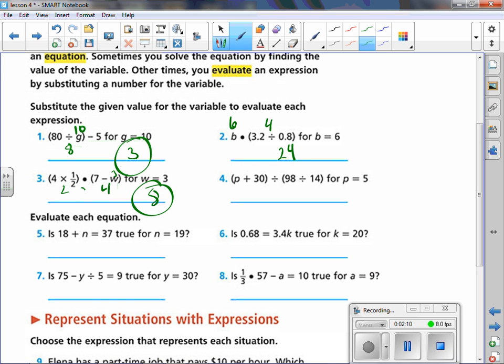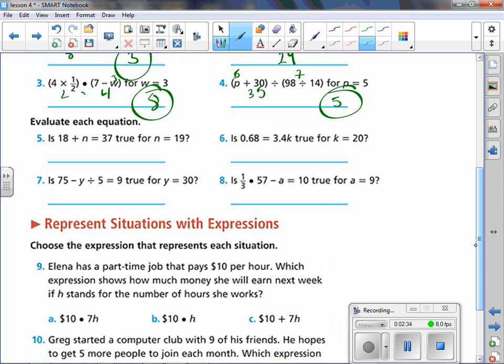So 8 is my answer. P is 5. 5 plus 30, 35. 98 divided by 14, I'll just do that for you. 98 divided by 14 is 7. So then 35 divided by 7 is 5. So 5 is my answer for that equation.